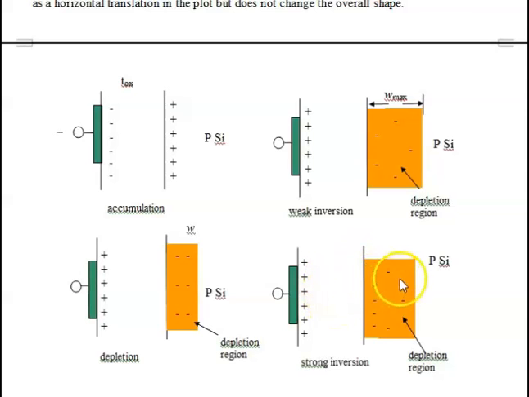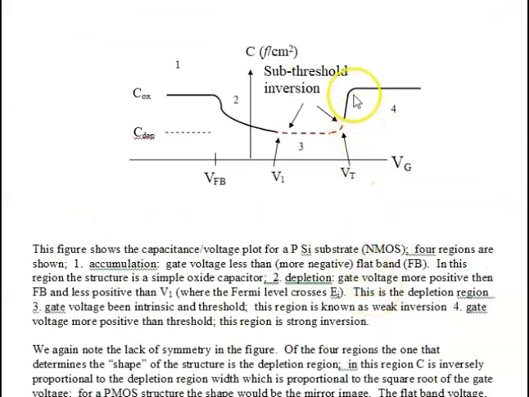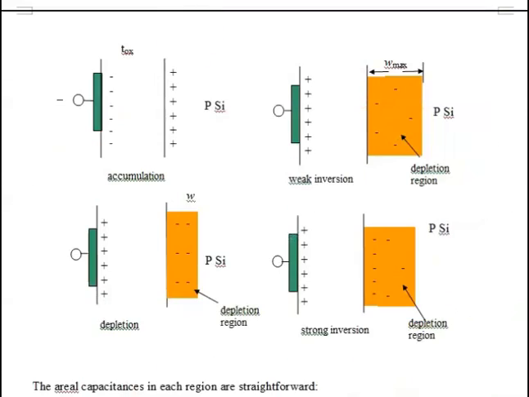All of the area in the depletion region now is shielded by these negative mobile electrons. No fields can get through, so all future charge, as I increase the positive voltage on the gate, is only attracted to the interface, and the capacitance remains constant at Cox.